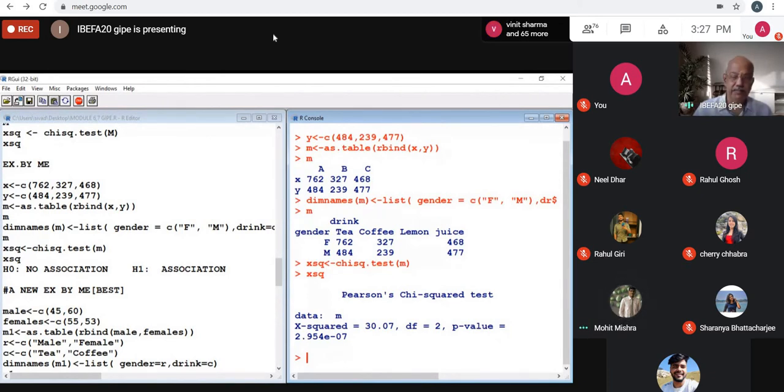So what happens when we take the H naught hypothesis as association and no association? All the tools are under the assumption of H naught. In H naught, nowhere are you assuming any biased statement.